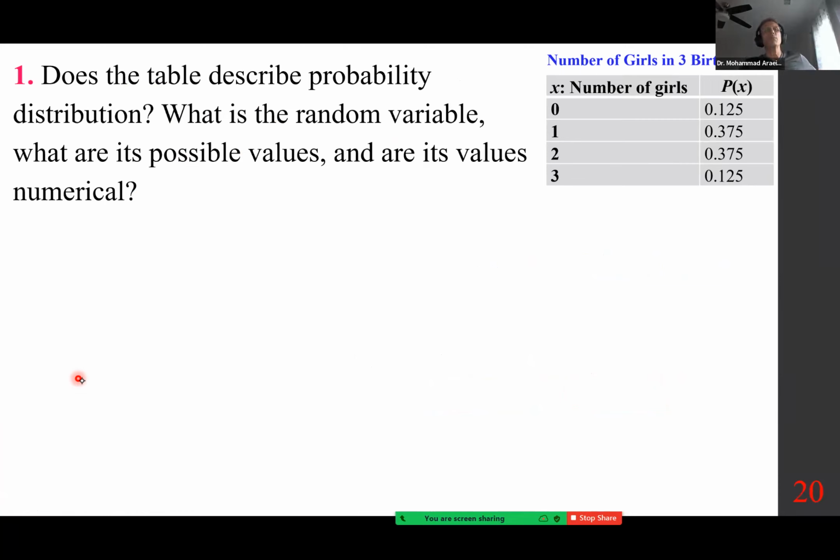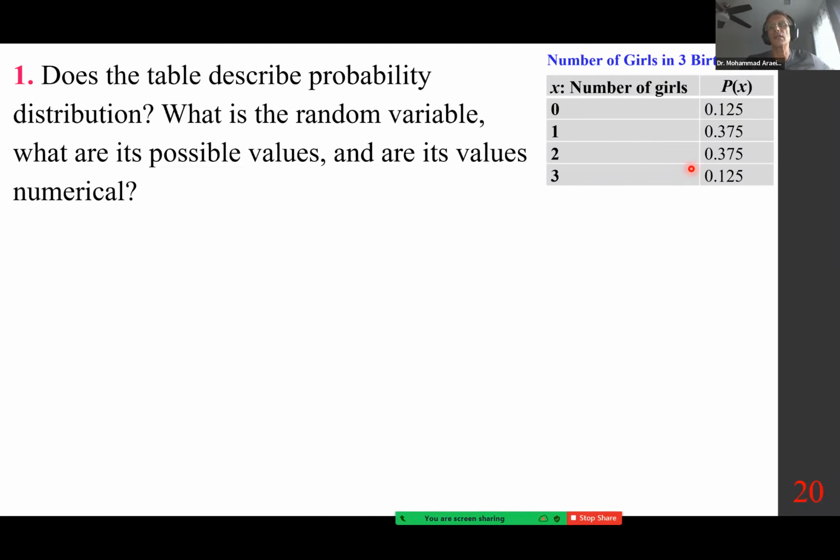Does the table describe a probability distribution? What is the random variable? What are its possible values? And are its values numerical? So the table is given.